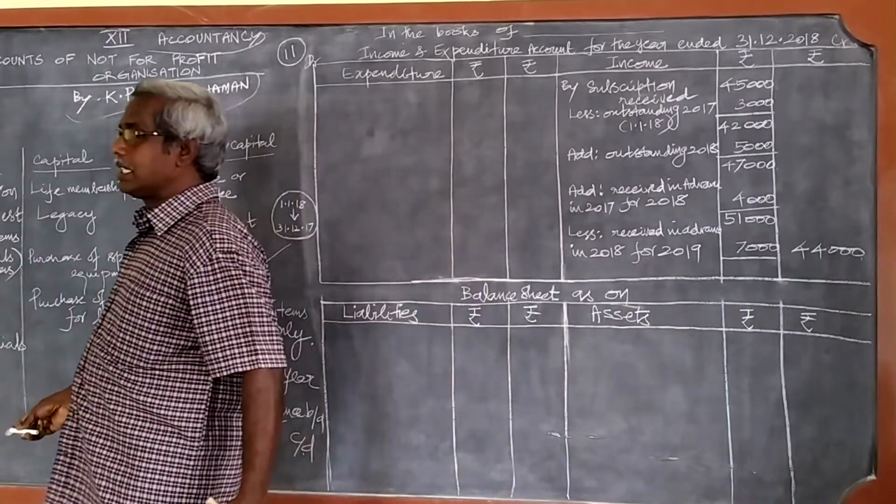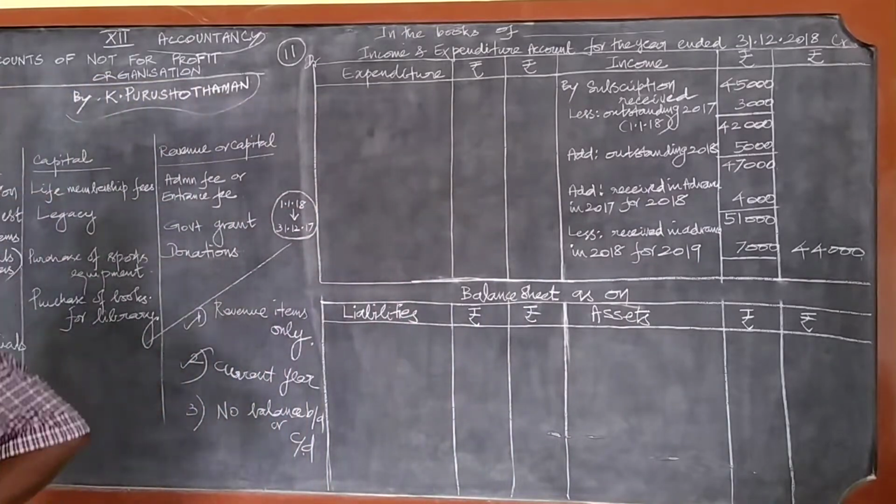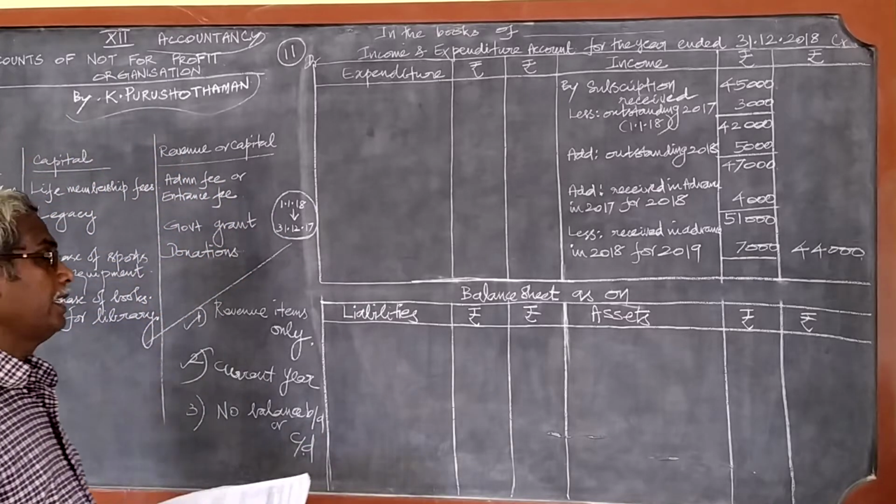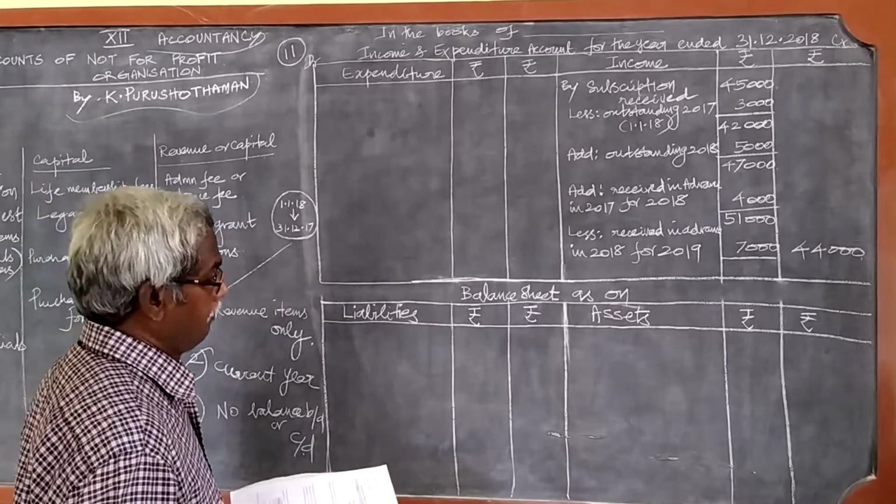And out of this 45,000, what are the amounts included in it? For that there is a tabular column given. There are two lines. If you go through the book, you can find that there are two lines. One outstanding subscription, other one is subscription received in advance. So the first one we shall attend, the outstanding subscription.